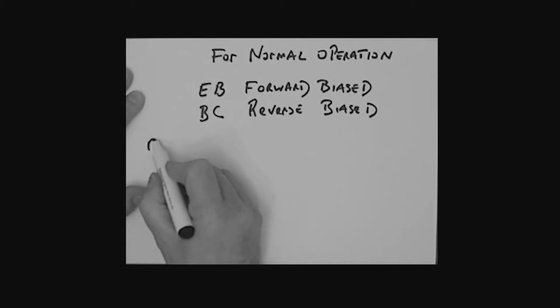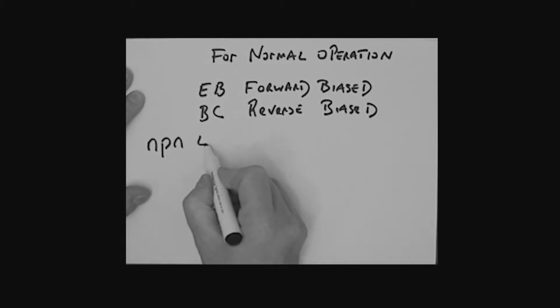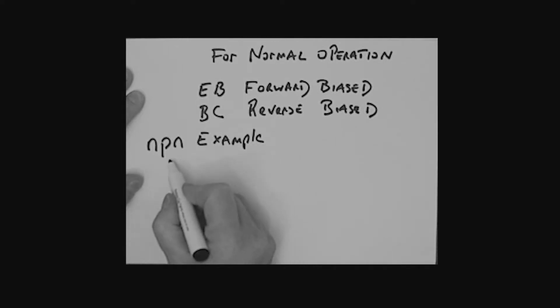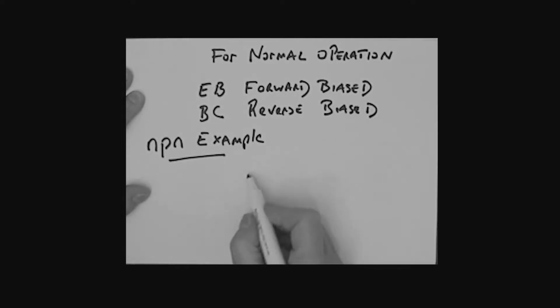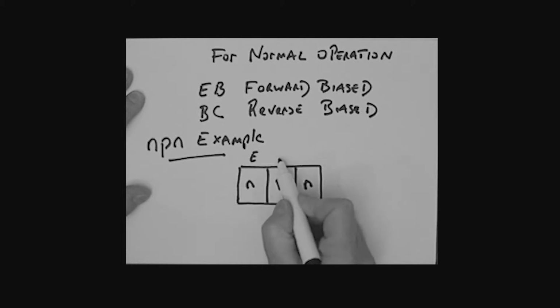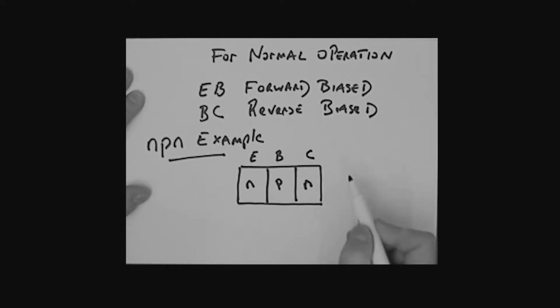Let's look at an NPN example here. All right, so look, I'm going to show you sort of the semiconductor configuration. What we have is really N-type material, P-type material, N-type material, NPN, okay? This is the emitter, this is the base, this is the collector.